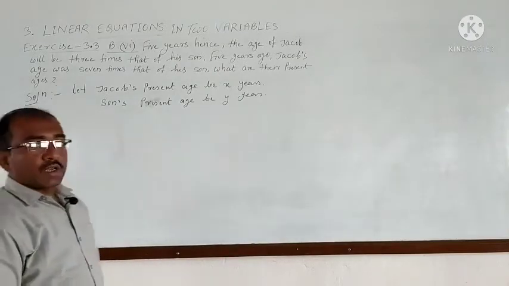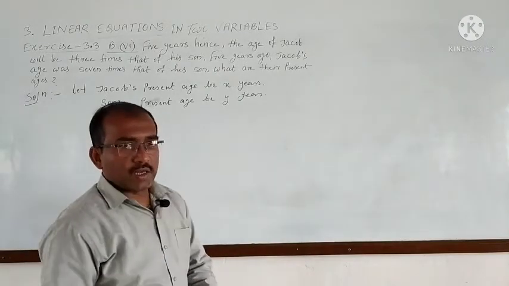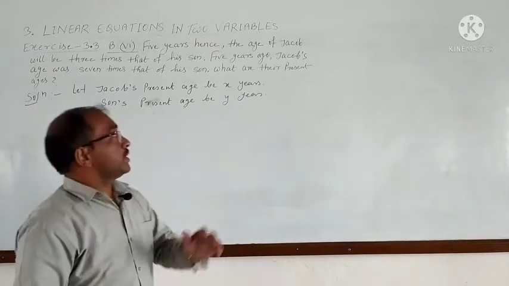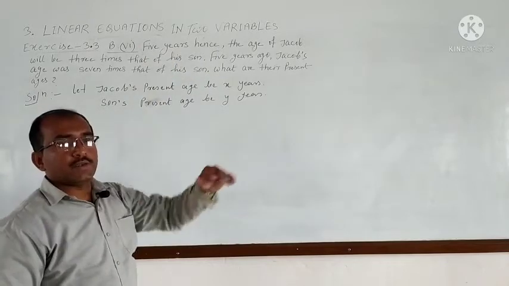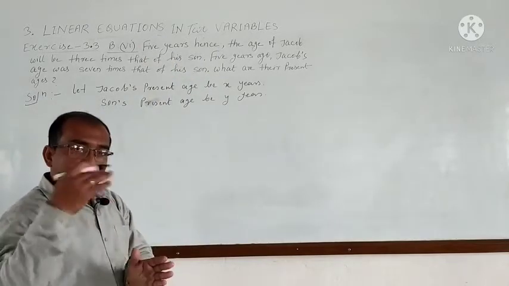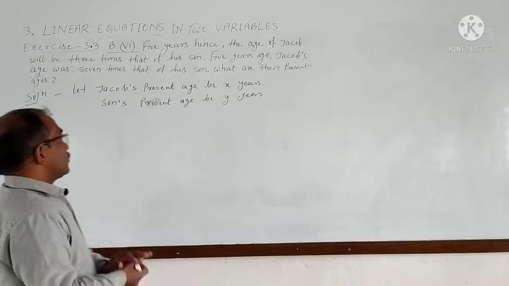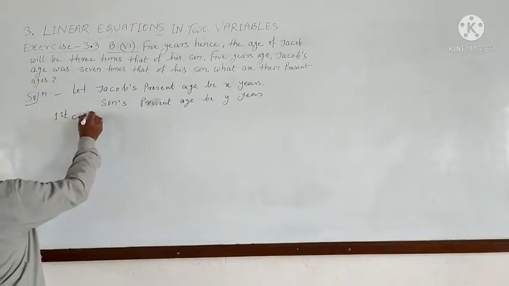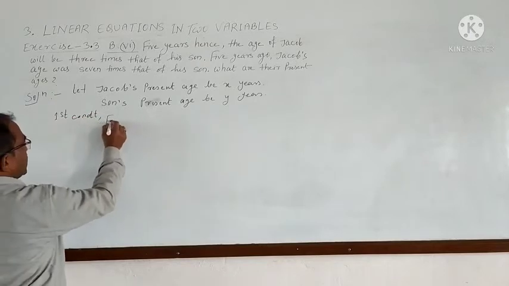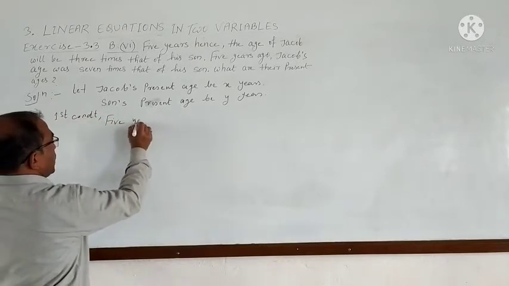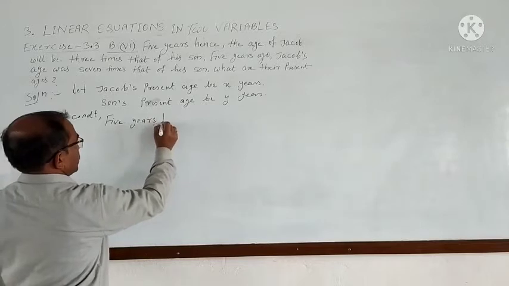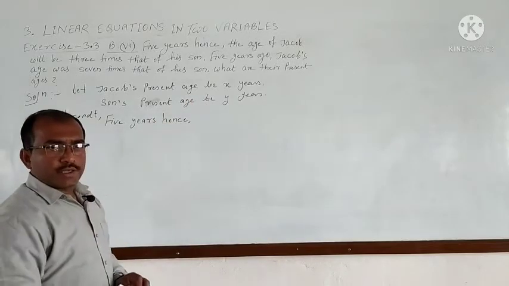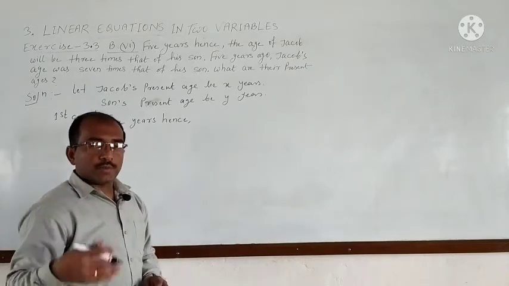Now the question is talking about, as I also did with the example of 20 years, 5 years back and 5 years later. Here the question says 5 years hence, and hence means 5 years after. So what will happen from the first condition? 5 years hence, their ages will not remain x, the age will increase after 5 years.